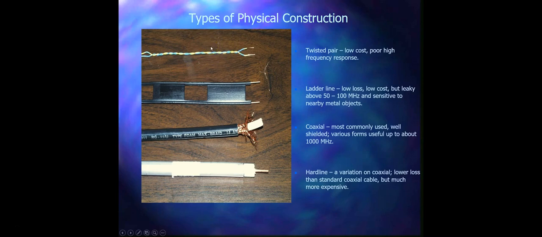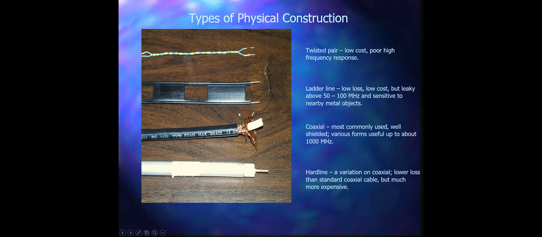Next is the ladder line. The second picture here is the ladder line, and these are the simplest and lowest in cost. The two parallel conductors you see here are separated by an insulating material.